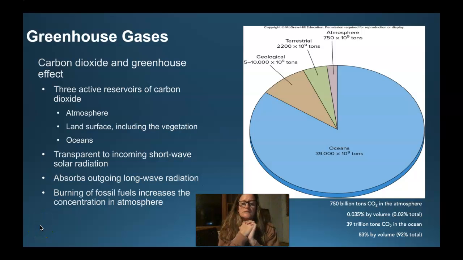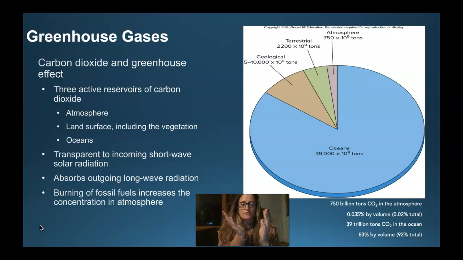Carbon dioxide is one of the gases that goes from the atmosphere and gets incorporated into seawater. On this graph, you see the oceans have 39,000 times 10 to the ninth tons of carbon dioxide dissolved in the ocean.